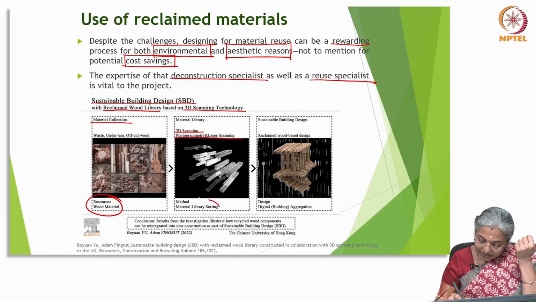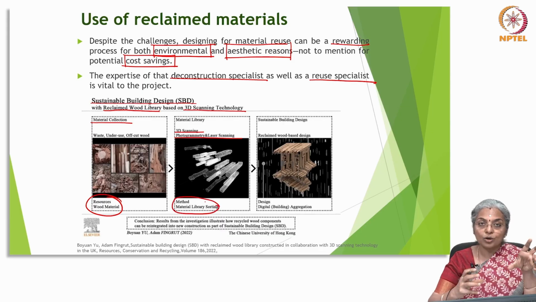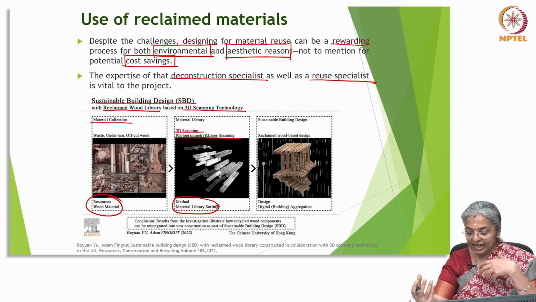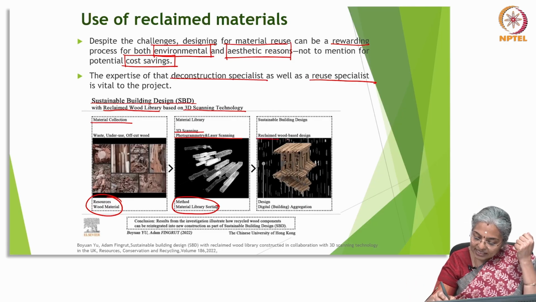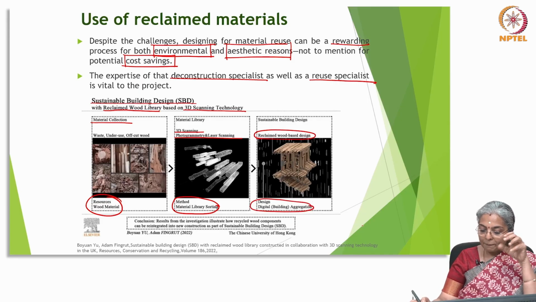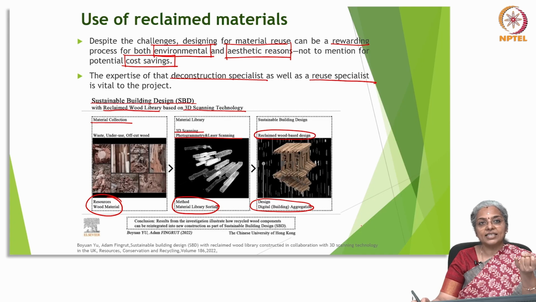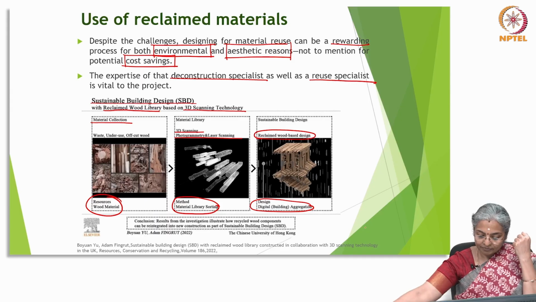Then the method is material library sorting based on various criteria like strength, durability, or sizes, and then this can be reclaimed for a wood-based design, which is again a digital building aggregation design based on the sizes that were reclaimed and the strength or robustness of what was reclaimed.